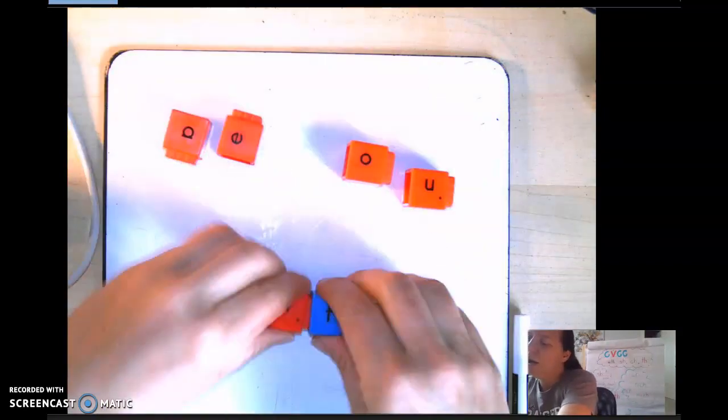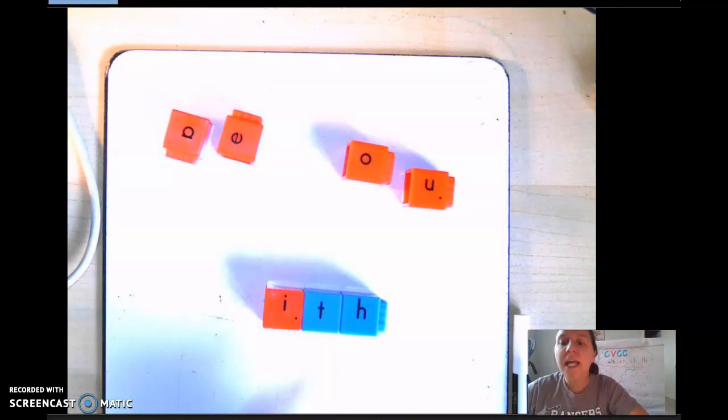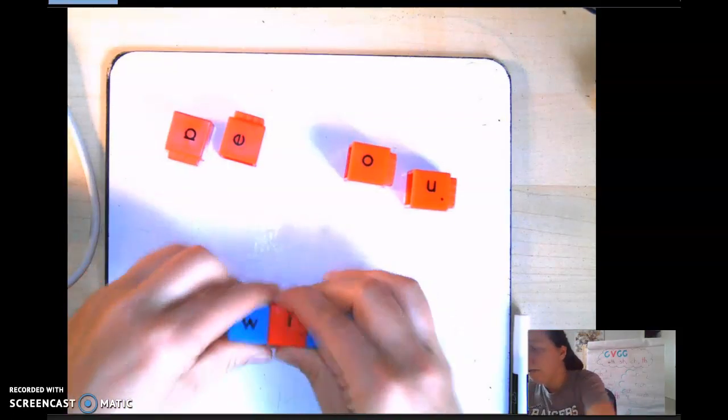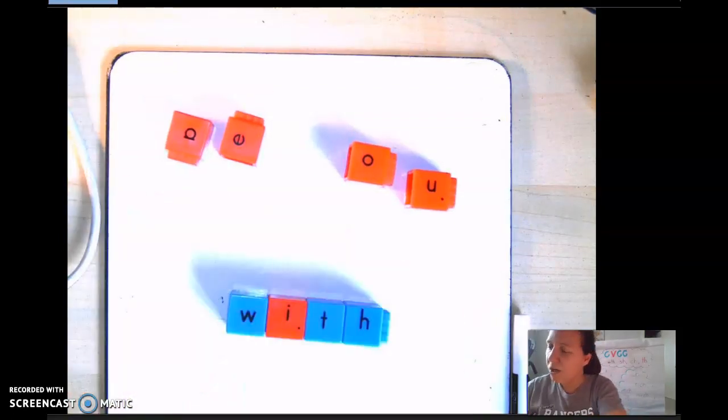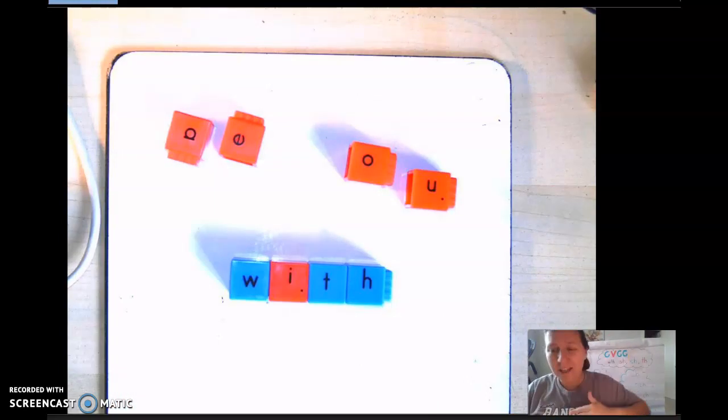Now I'm going to switch my vowels, and I am going to go down the line. I'm going to go with the I. If. Okay, this one is one of our sight words, and it is one of the most used sight words, but also one of those sight words that you guys miss a lot when you are writing. Not because it's super complicated, it's because we don't always say it the right way.